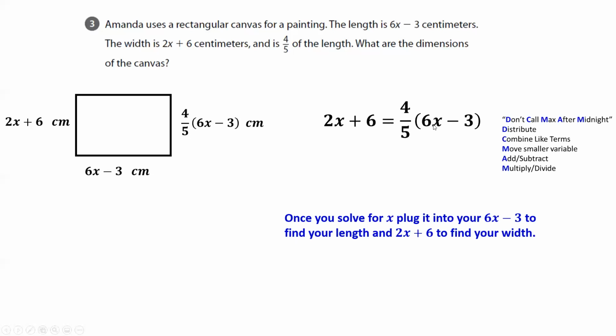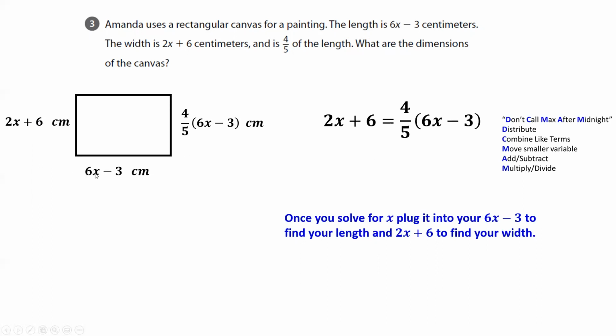Once you solve for X, you're then going to plug that into your 2 given equations to find the width and the length. When I plug X into 6x minus 3, that will find me the length. And when I plug X into 2x plus 6, that will give me the width. For example, let's say X was 5.